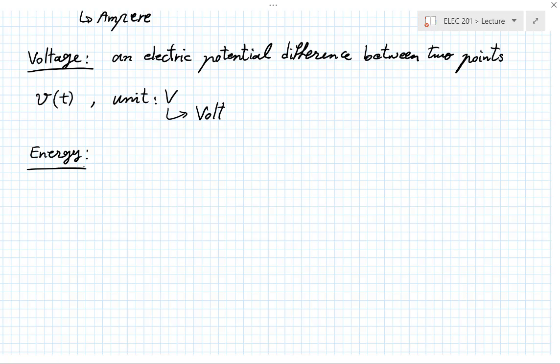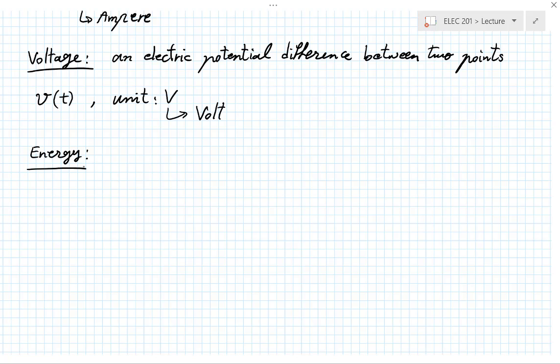And you take a charge of 1 coulomb and let the field push that charge from point A to point B, between which there is 1 volt difference. Does anyone know how much energy is delivered to that charge? 1 joule.